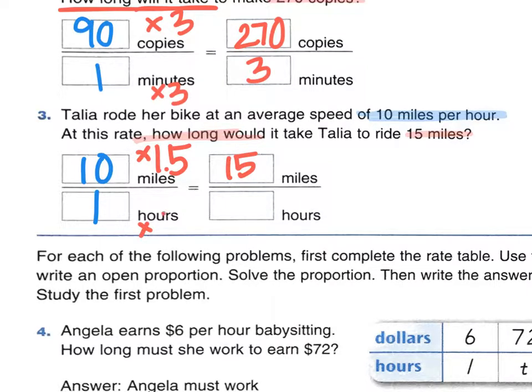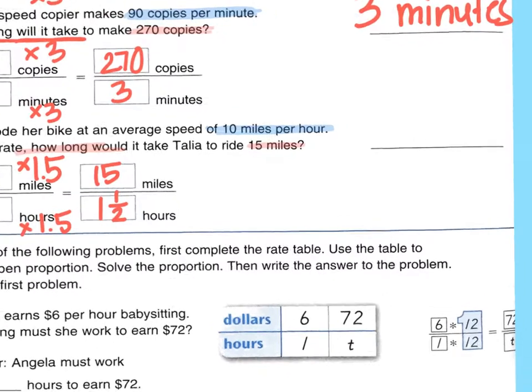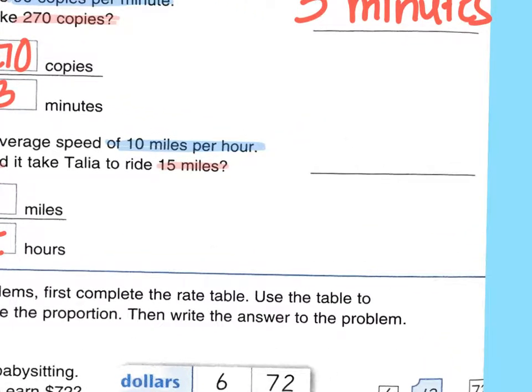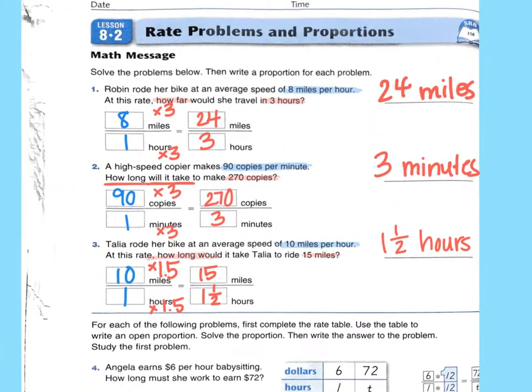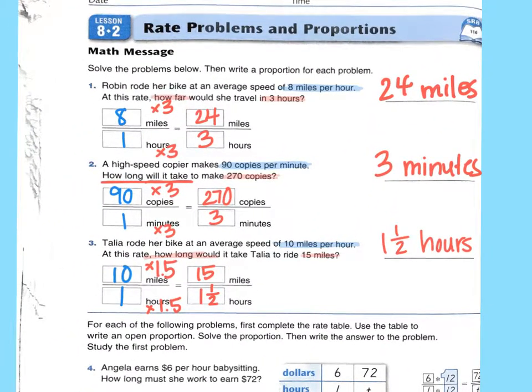Then 1 times 1.5, hopefully you know that one, is simply 1.5. Notice I wrote it as a fraction or a decimal. Doesn't really matter what you do. And then your answer, again, labeling 1.5 with your unit of measure, which in this case was hours. And that is how you use a proportion to solve a rate problem.